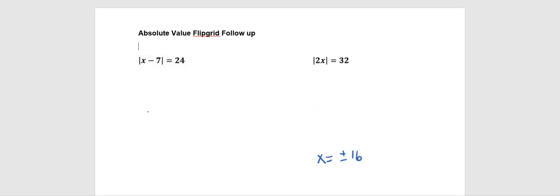Over on this equation, absolute value of x minus 7 equals 24, it seemed like the general consensus was x equals plus or minus 31. Now, what I'm not sure I noticed in any case, or in very few cases, was any investment of time into checking your solution. So I'll tell you what, that's what I actually want to do real quick.